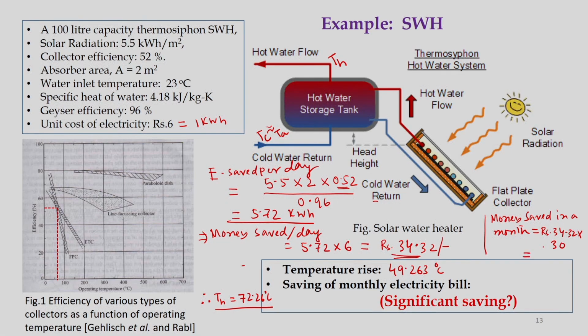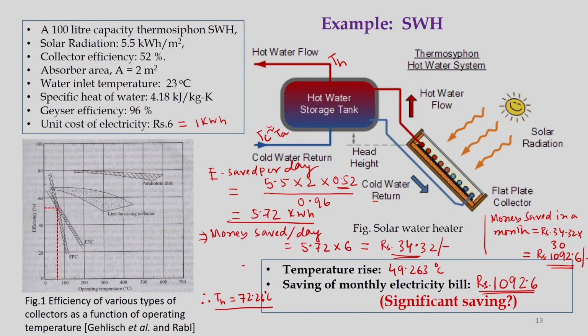So, this will be about rupees 1092.6. So, here the saving on the monthly electricity bill is rupees 1092.6, which is a significant saving.